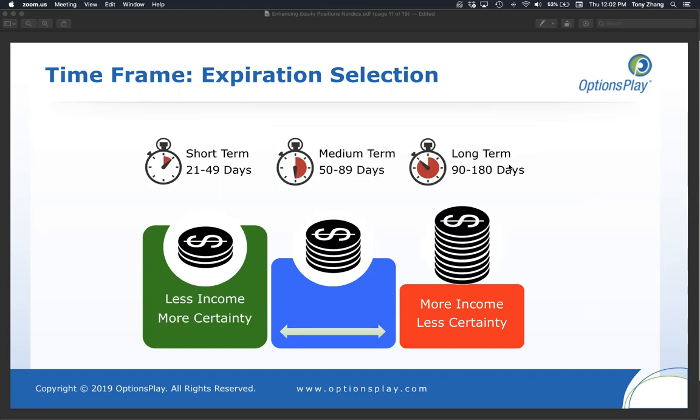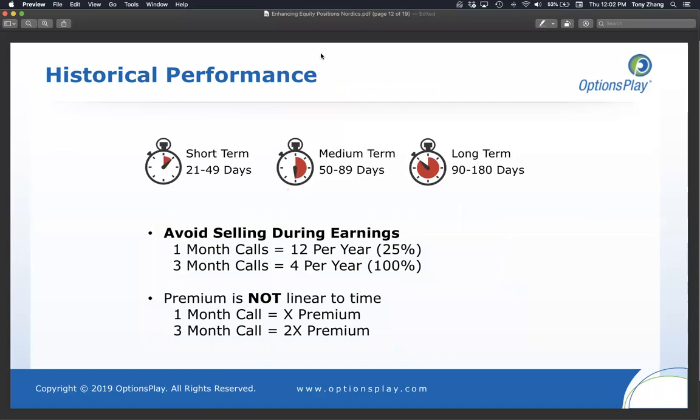When you sell a long-term option, you certainly get more income, but you can't do it as often. So the question is, what pays you the most money in the long run? And our back testing shows very clearly that it's actually the shorter term option that pays you more money in the long run, because yes, you get less income, but you can do it more frequently.